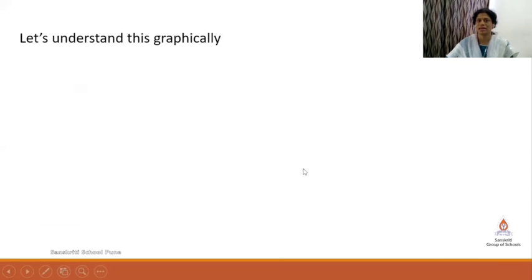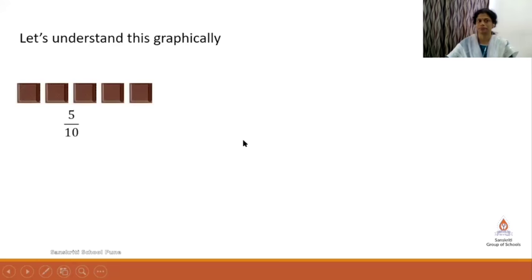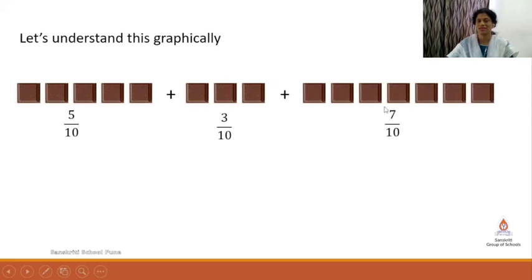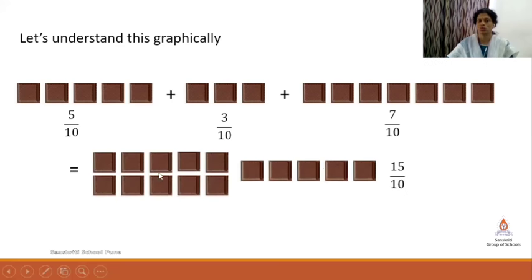Let's understand the same problem graphically. These are your 5 1/10 parts plus your 3 1/10 that the second customer had bought. This is your 7 1/10 which your third customer had bought. So clearly the total is 15/10.